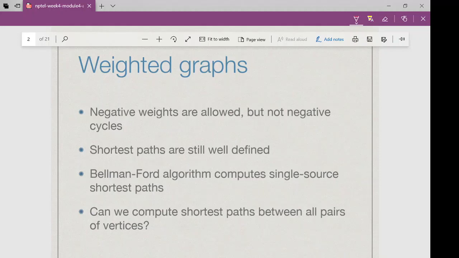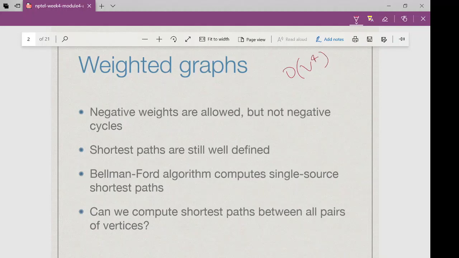We have seen Bellman-Ford algorithm that can compute single source shortest path for a weighted graph with negative weights on the edges. Now we want to compute the shortest path between all pairs of vertices. One way is to apply Bellman-Ford algorithm on all possible vertices, but in that case, if the graph is dense, our complexity will become V to the power 4.